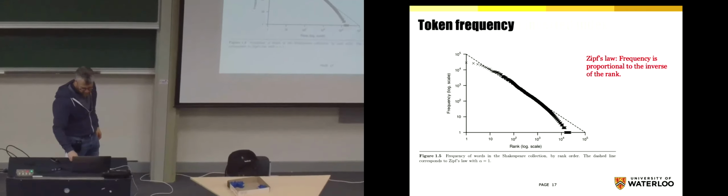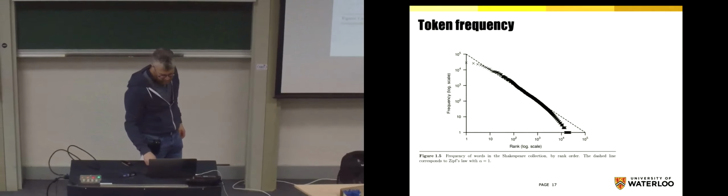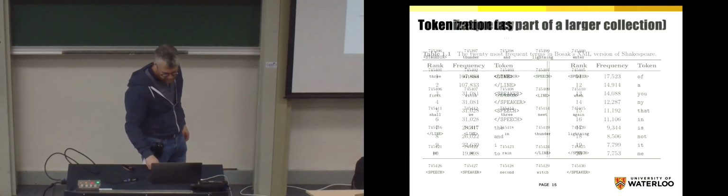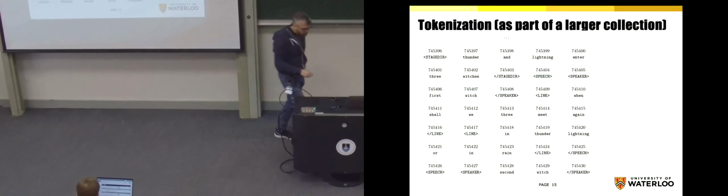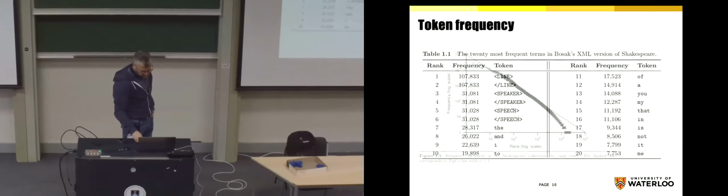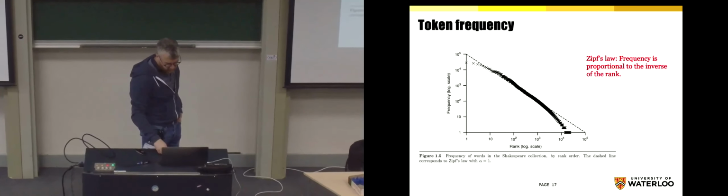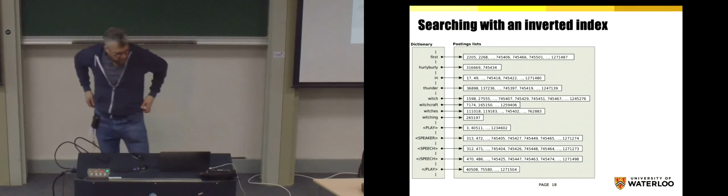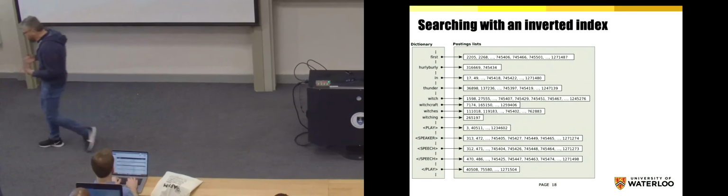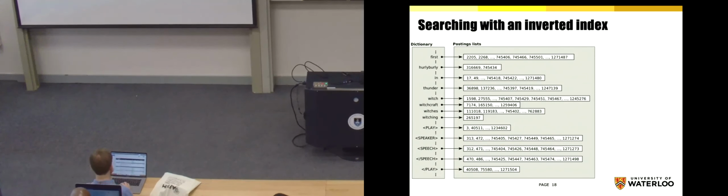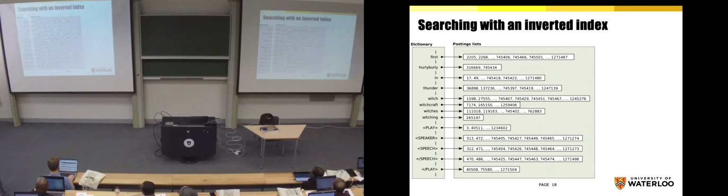I want to pop back for a minute. So here are all the words tokenized. What I can do if I want to look things up, the very basic way of looking things up, is with something called an inverted index. This is sort of the key underlying data structure for search engines.